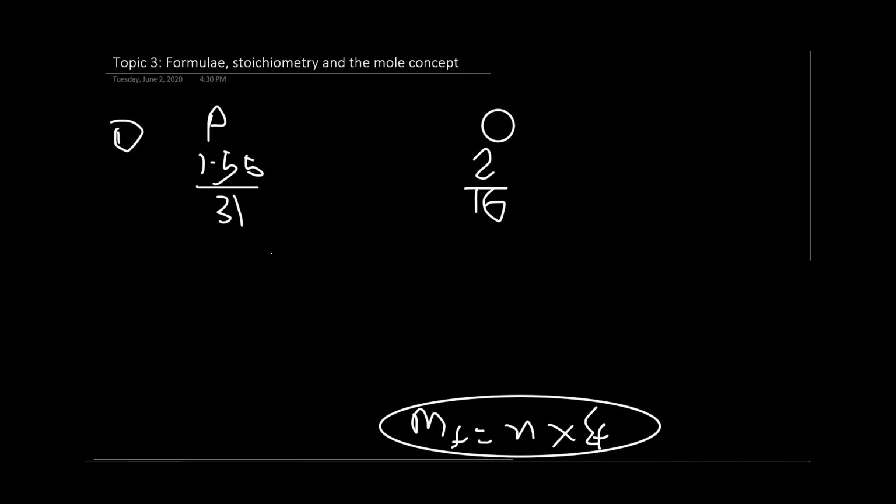So in the case of phosphorus, we'll be getting 0.05, and in the case of oxygen, 2 by 16 is 0.125. Let me just recheck.